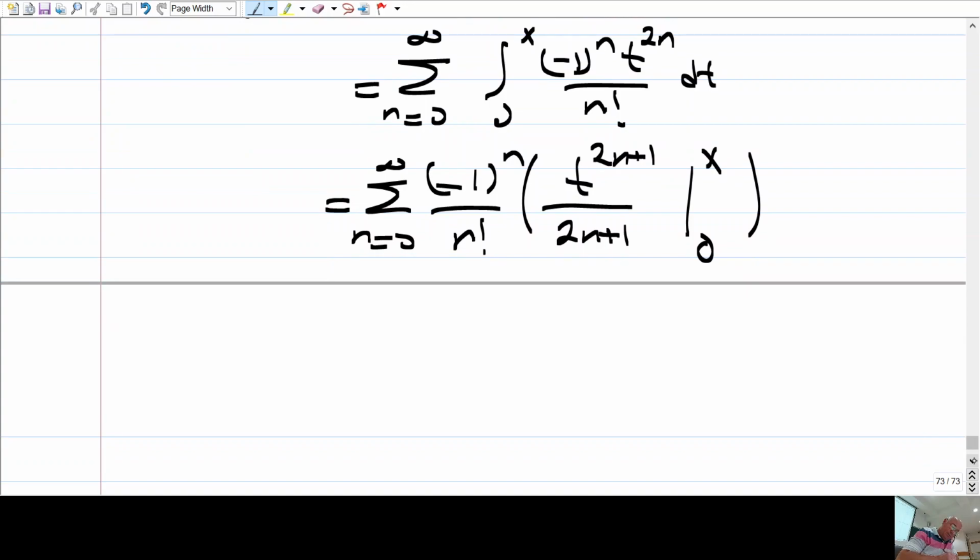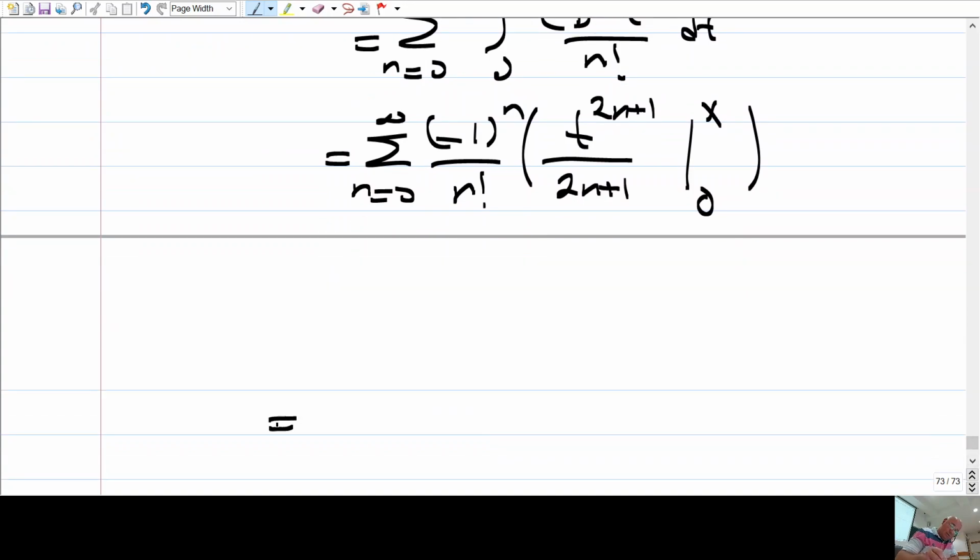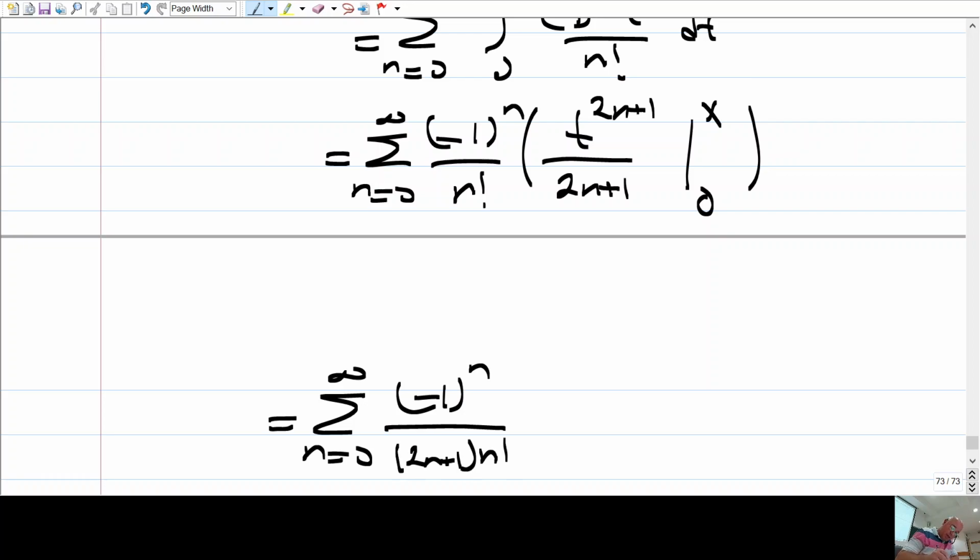All right, what else? This is just the sum from 0 to infinity of minus 1 to the power n over 2n plus 1 times n factorial, and then you plug x here, so x to the power 2n plus 1 minus 0. When you plug 0, you just get 0.